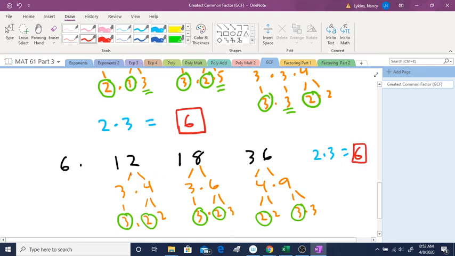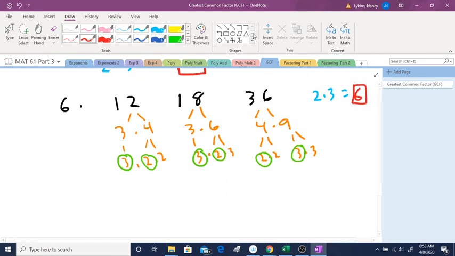Now some of us in here could look at 12, 18, and 36 and say, okay, 6 can go into 12 twice, 6 can go into 18 3 times, 6 can go into 36 6 times. So we can point out 6, but this is just showing you other ways if we do get stuck on something.